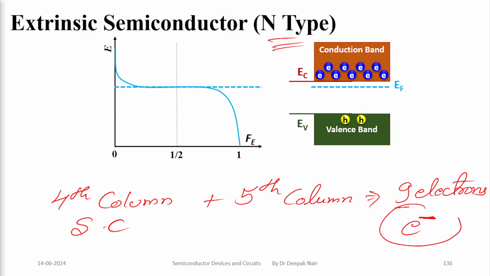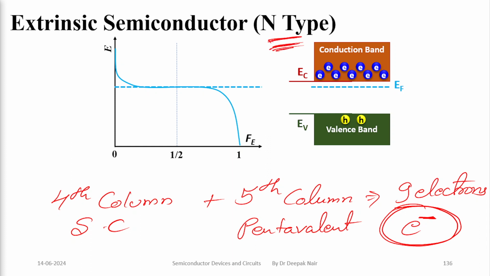So the more pentavalent elements are added, the more electrons will be generated. So the higher the impurity, the higher the number of electrons in an n-type semiconductor.